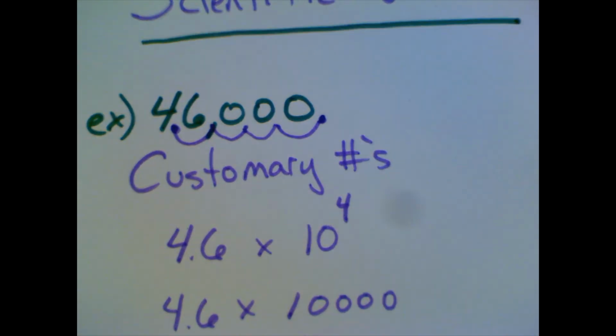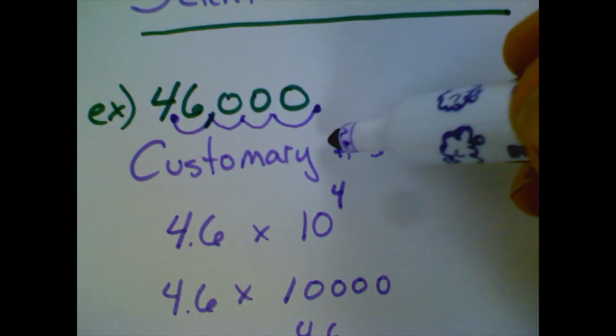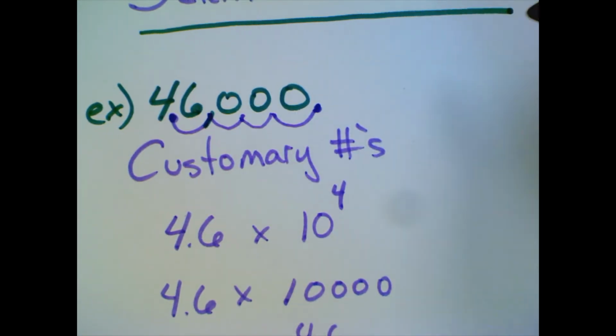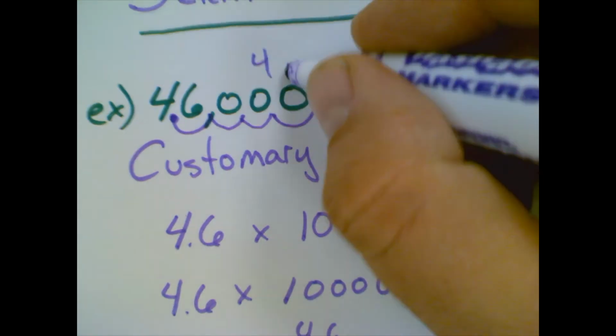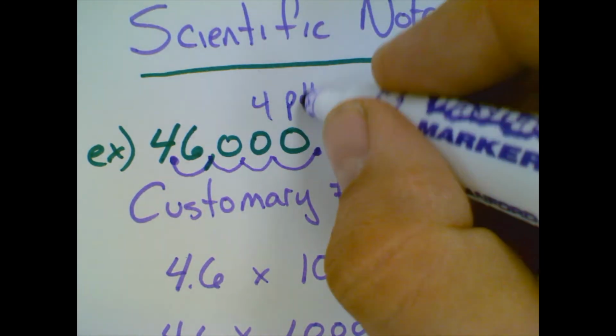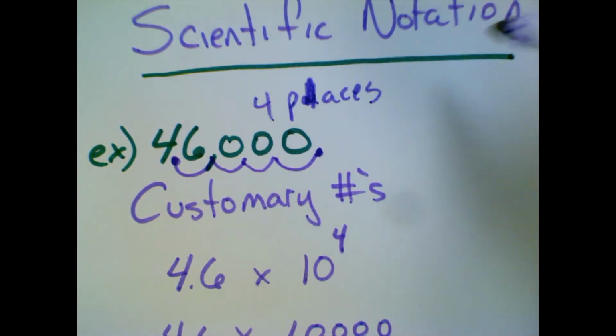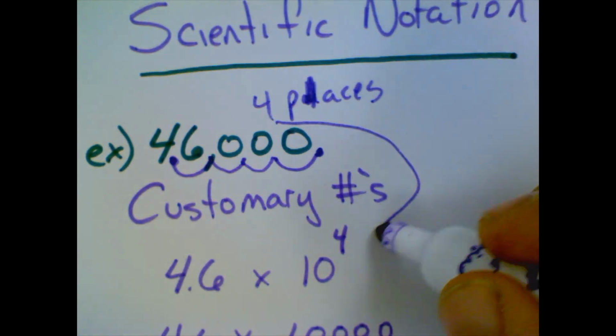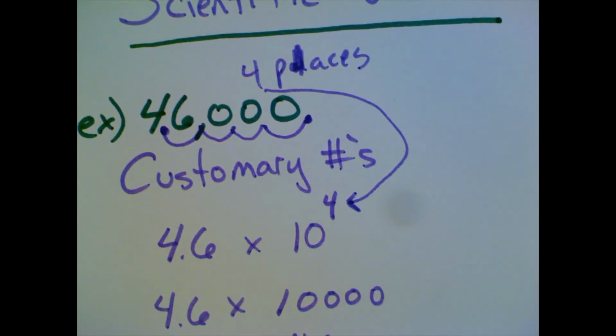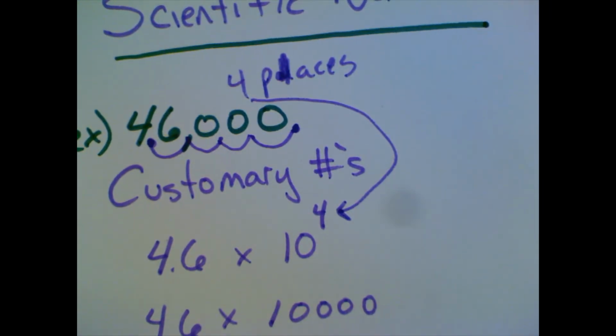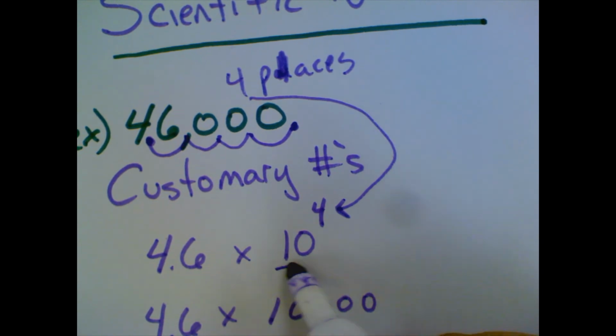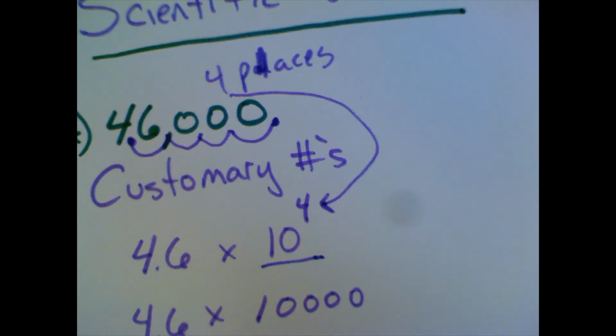In our example, it's 4.6. And you count how many places you moved. We moved 4 places. So this 4 then becomes your exponent on base 10. Okay, so scientific notation, we're going to use exponents with base 10.